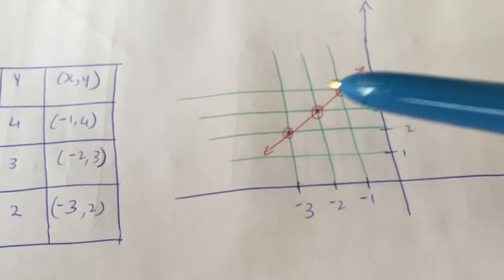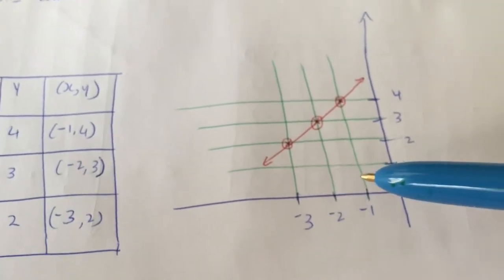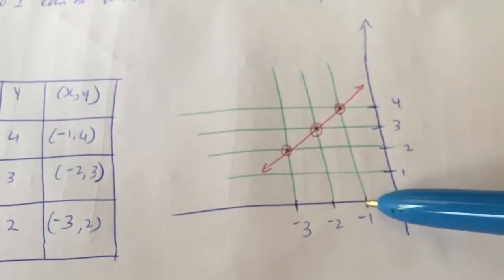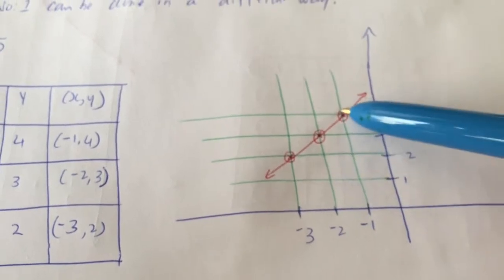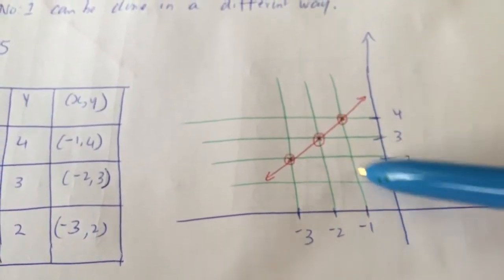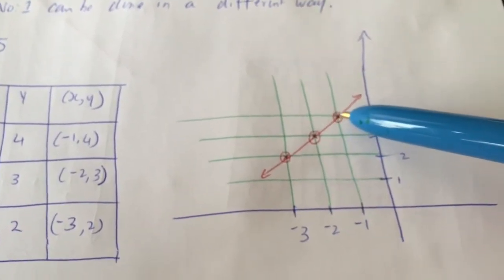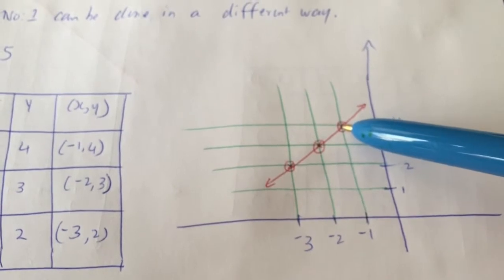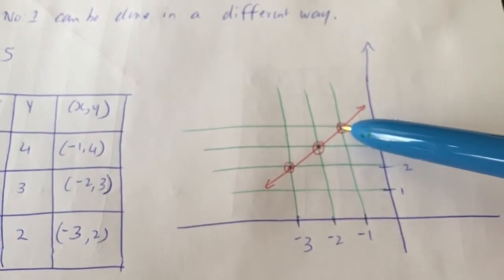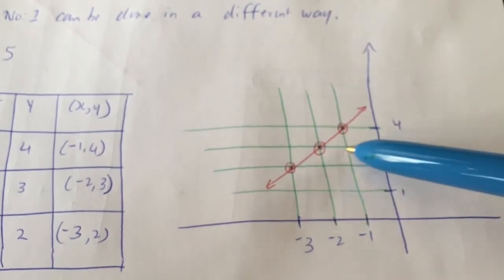You already know what the points are. -1, 4: the x coordinate is -1 and the y coordinate is 4. So here's the point. The second point you want to plot is -2, 3, so the x coordinate is -2 and the y coordinate is 3.